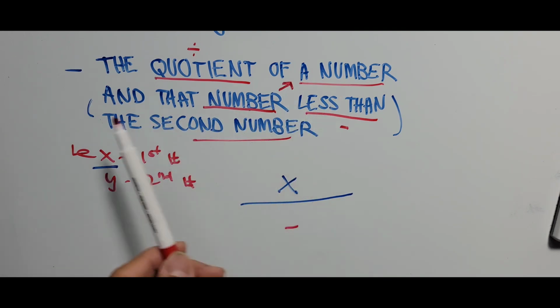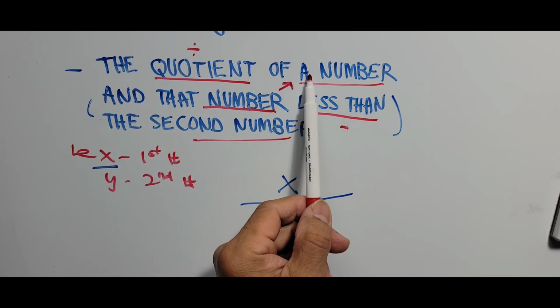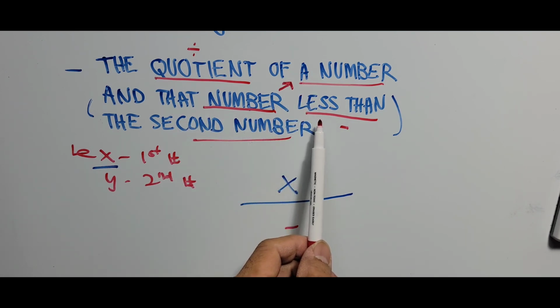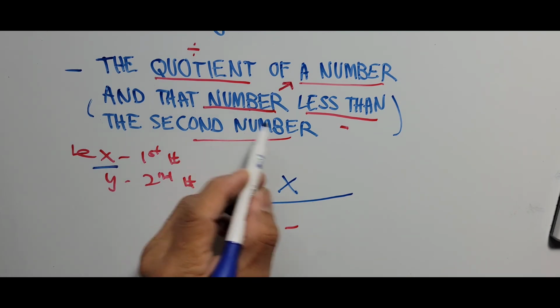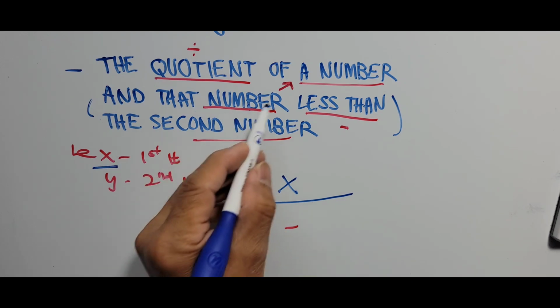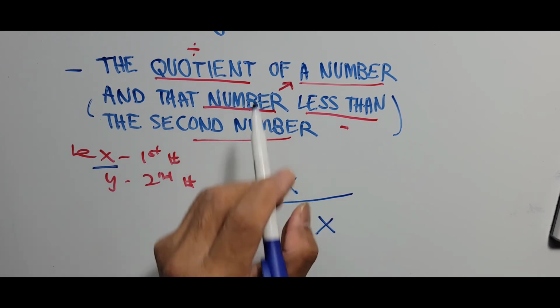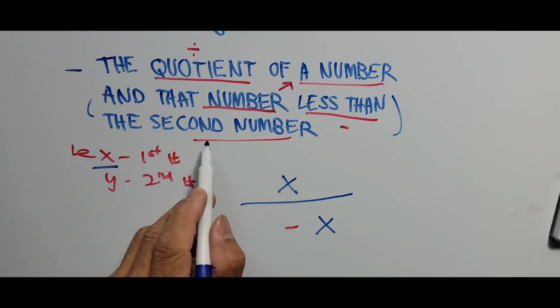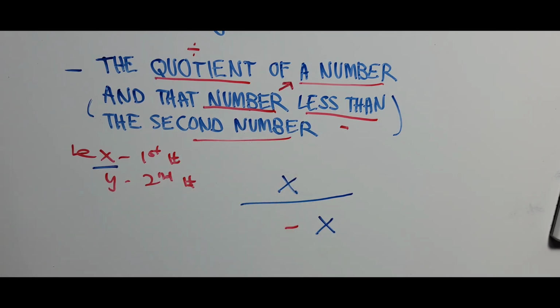So quotient of a number and that number, the same, referring to x, that number less than the second number. So we write x right there. All right, so it's a number less than the second number. What's the second number now? It's y. Right? Is that clear? Simple, right?